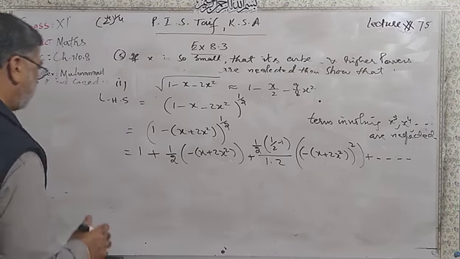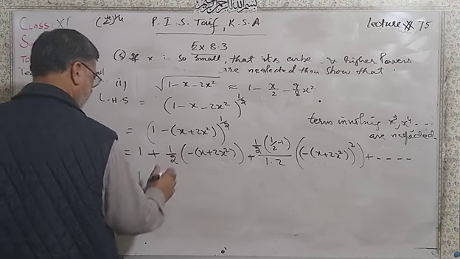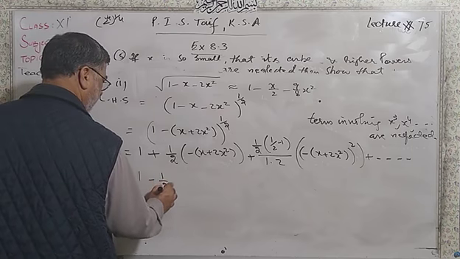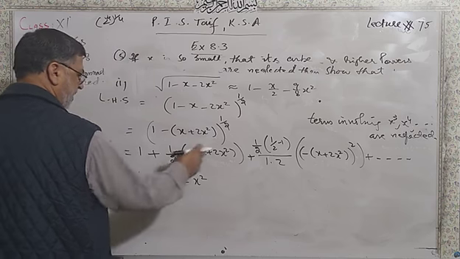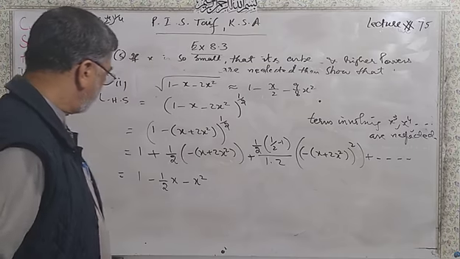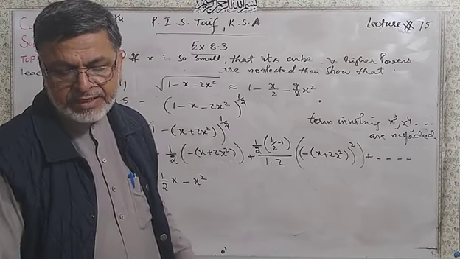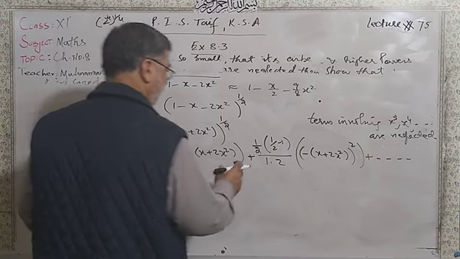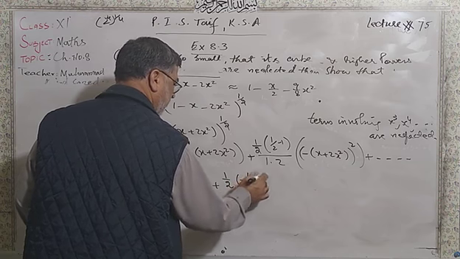Here, this will be 1 minus 1 over 2x minus x square. 2 cancelled out. 1 minus 1 over 2 x minus x square. Then we have plus 1 over 2 minus 1 over 2.